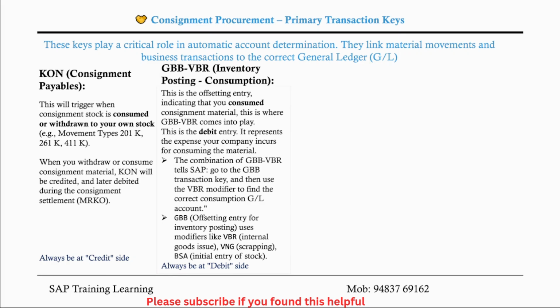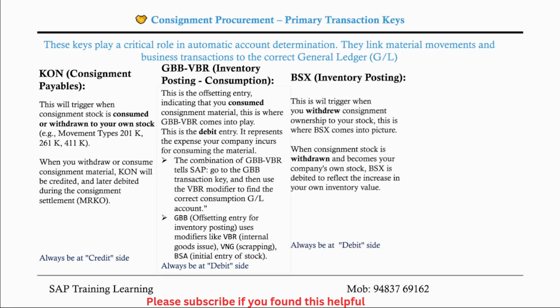In this example, you can take raw materials. So you have raw materials as consignment stock, and your production department uses the stock from consignment directly. The production order can consume the consignment stock directly. You don't have to convert that into your stock. Clear, right?